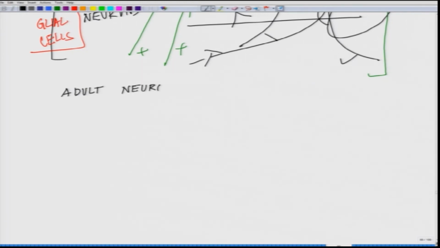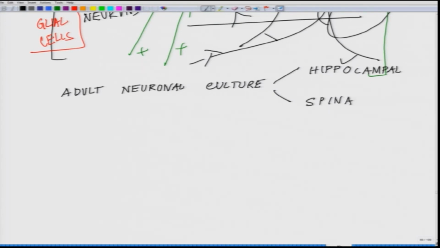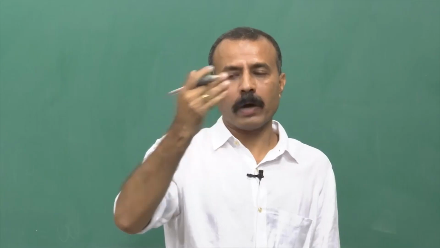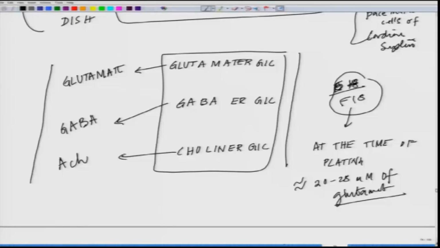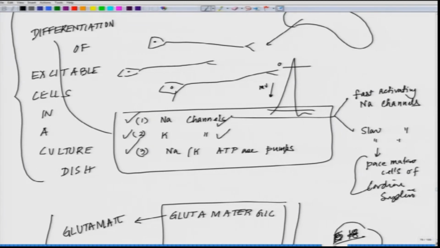One of the major challenges in adult neuronal culture, especially whether it is hippocampal or spinal cord, is how these neurons become electrically active, because you have to realize the clock by virtue of which these cells develop all these ion channels. This happens at the very early phase of development.